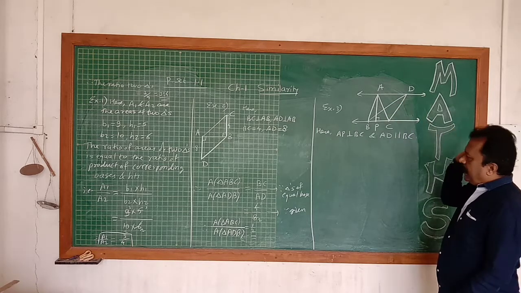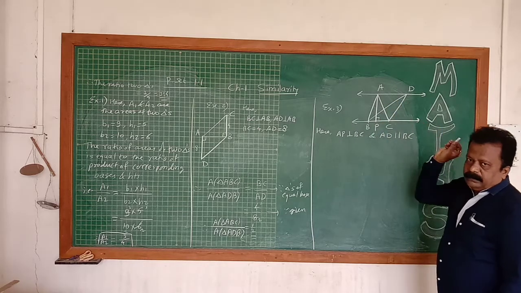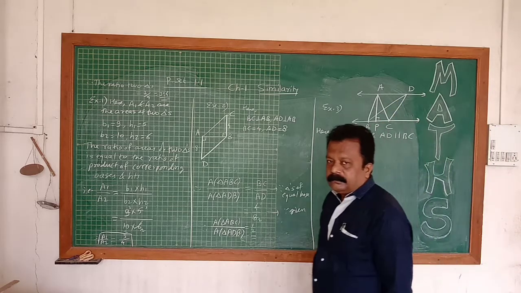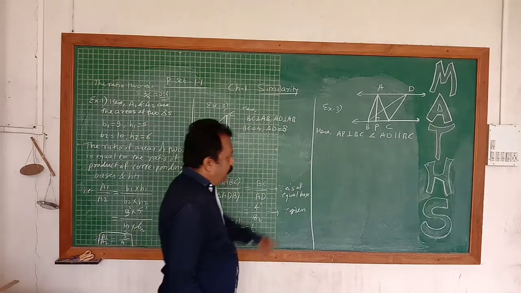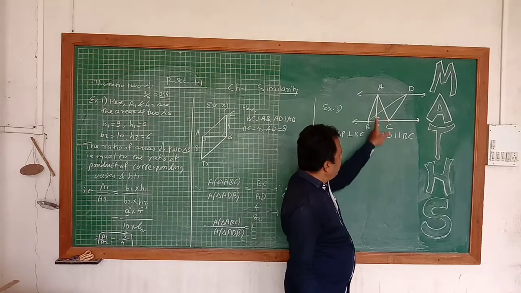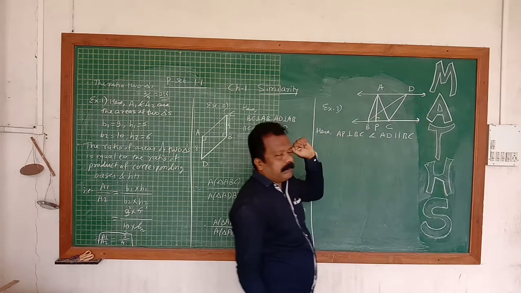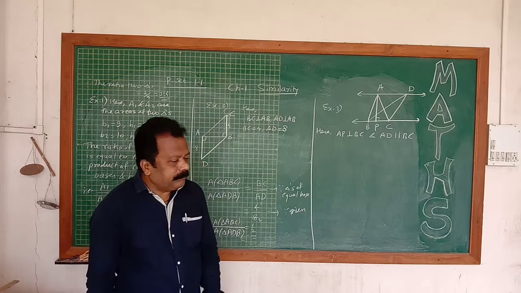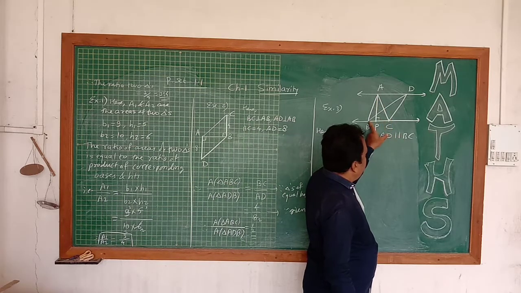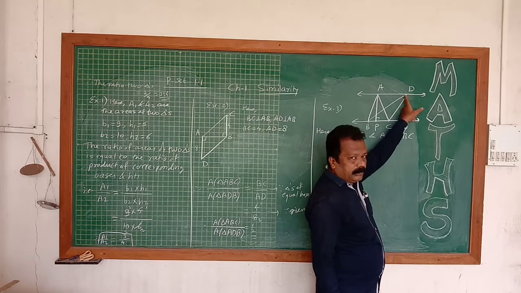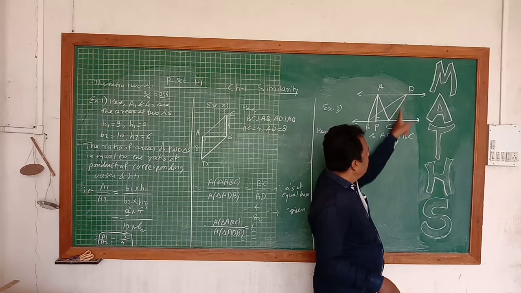AD and BC are the parallel lines given. AP is perpendicular to BC, given. Observe carefully; according to the figure, the explanation is also given. What you have to find is the area of triangle ABC is to the area of triangle ADC.